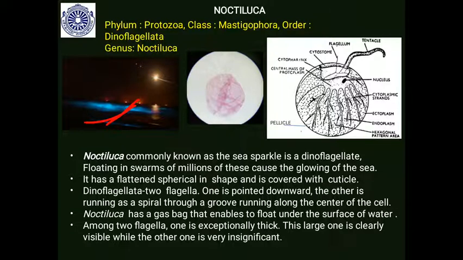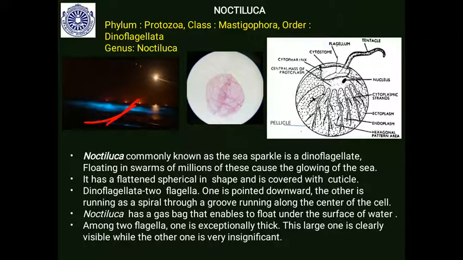It is so beautiful, and you should see this glowing Noctiluca at night time. Even though it is microscopic, millions together glow like this and form a tide or wave, blue colored, illuminating waves like this.